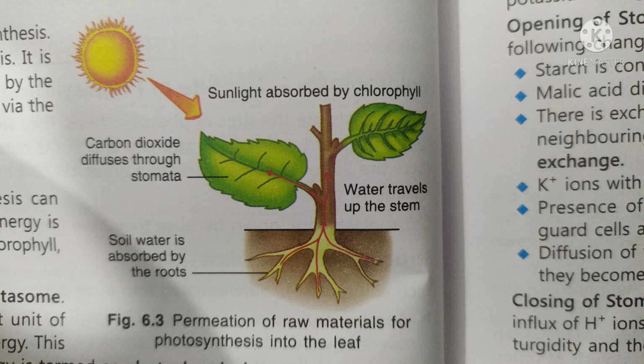Then another raw material is water. Water is absorbed from the soil by the roots through the osmosis process. Then the most important raw material is solar energy. So solar energy is playing a vital role in the photosynthesis process.